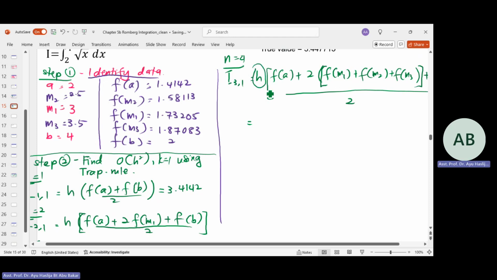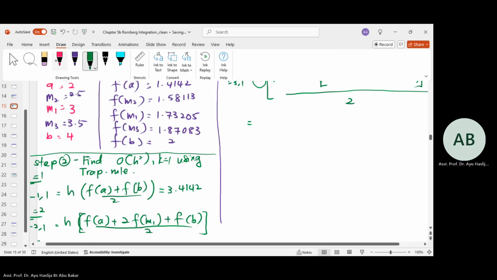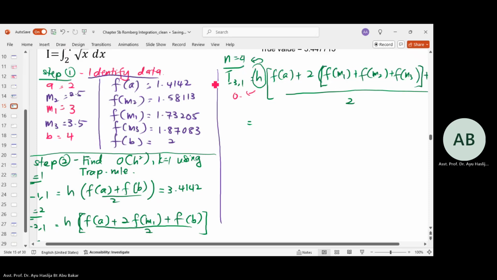H refers to its own segment. This H is 0.5, whereas for n equals 2, the H is 1, and for n equals 1, H is 2.